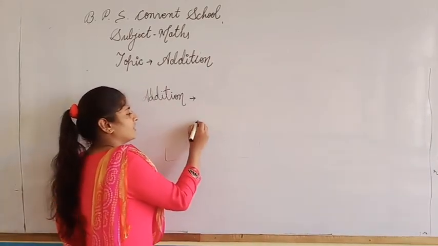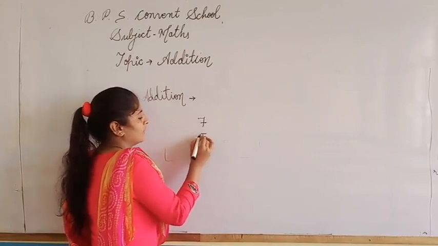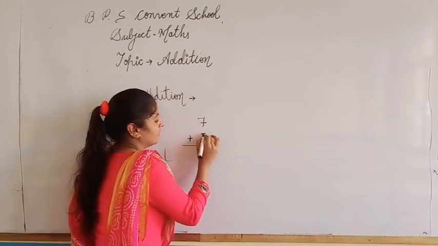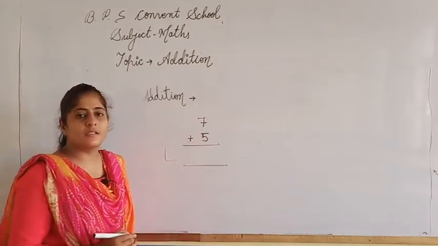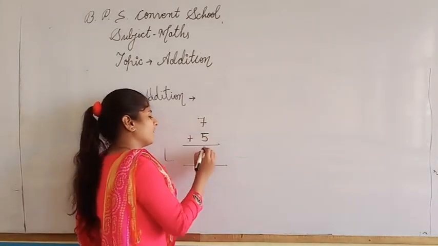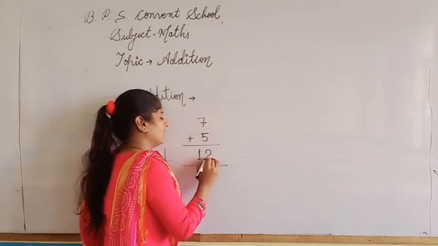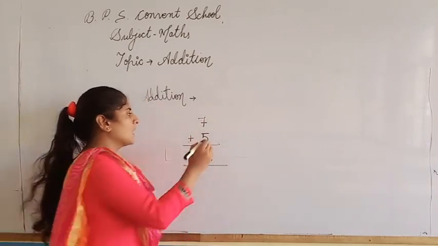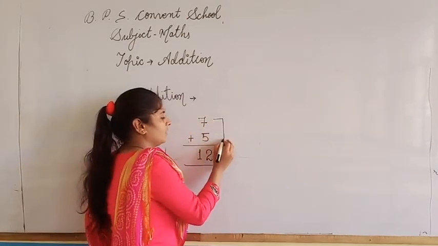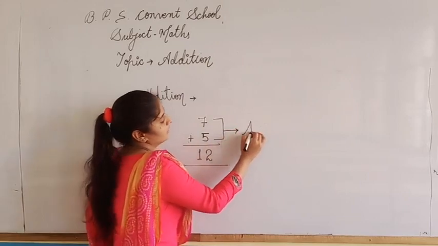In the addition 7 plus 5, when we add these digits we get 12. In this, 7 and 5 are called addends.